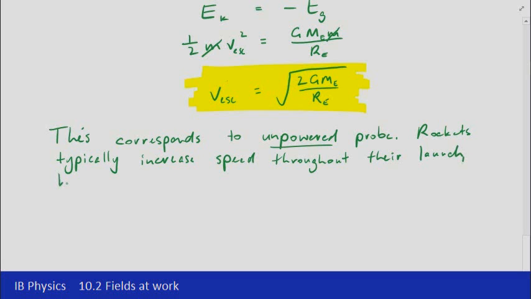But having considered that, we still have this idea that we can figure out what sort of speed is needed to get away from Earth, and it's more efficient to get up to that speed as soon as possible.